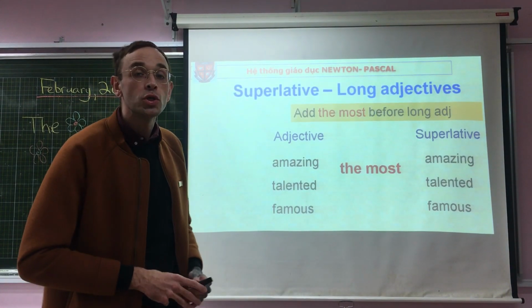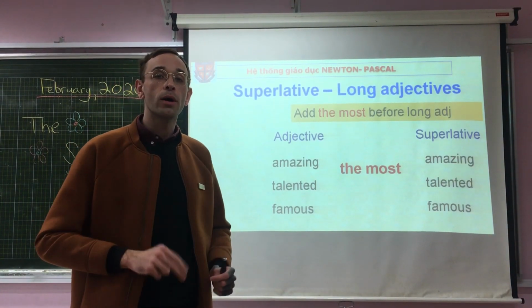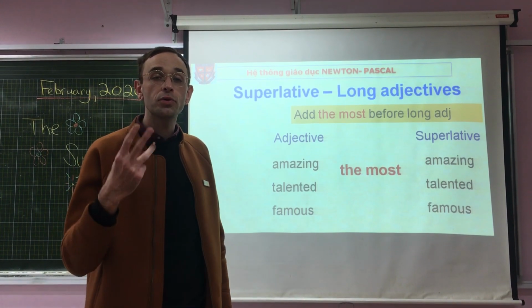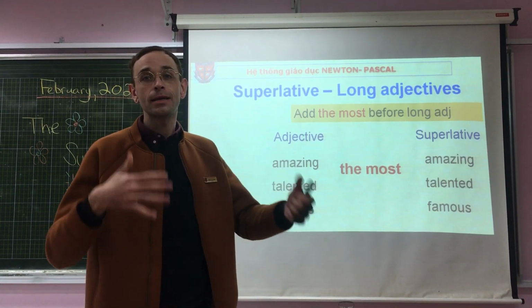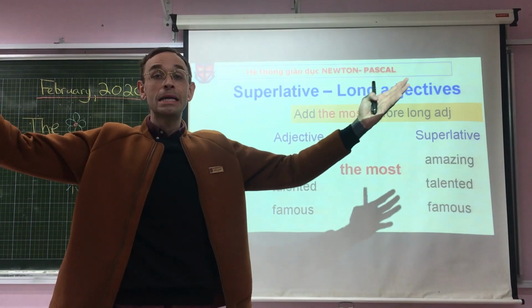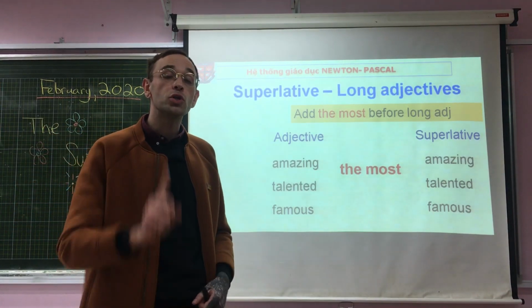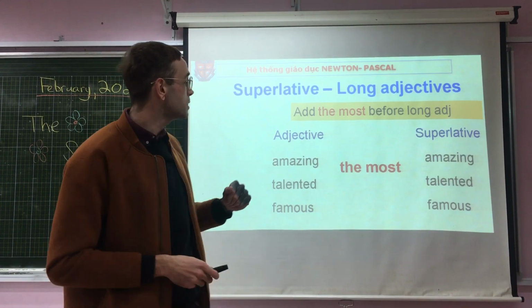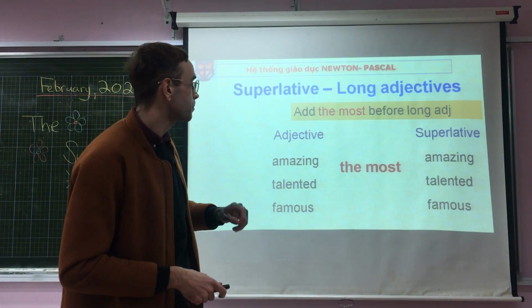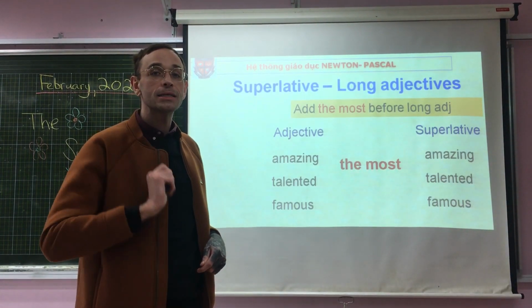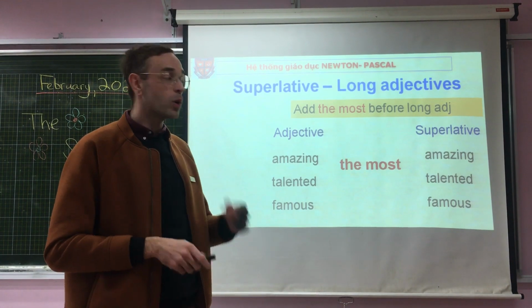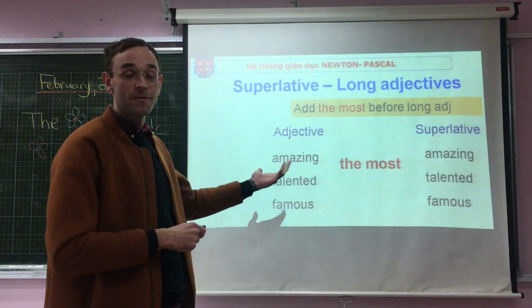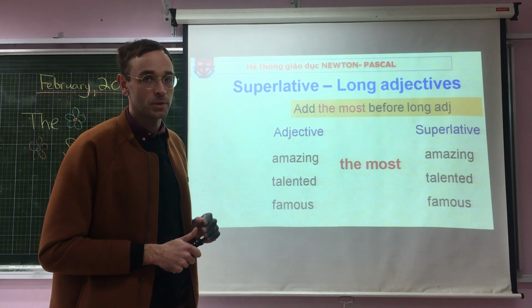So, two-syllable words or more, that's words with 2, 3, 4, 5, 6 or more syllables that do not end in the letter Y, this is the rule, okay? Instead of adding EST, we put the words the most before that adjective, okay?